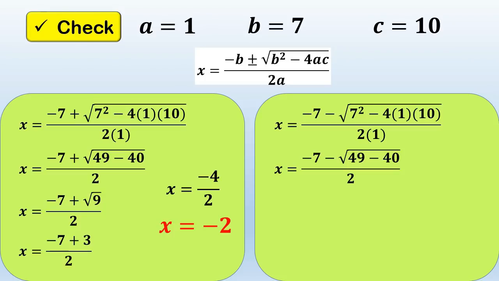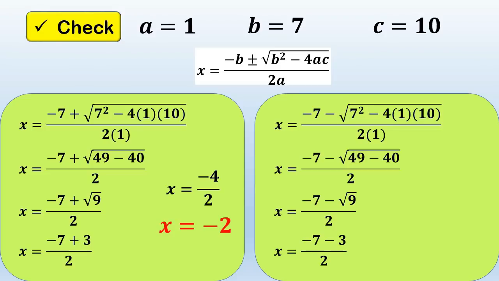So next, copy negative 7 minus, simplify square root of 49 minus 40. The answer is 9 copy over 2. So we have here negative 7 minus square root of 9 over 2. Okay, so let's square 9. So now we have here negative 7 minus 3 over 2. Kung mapapansin nyo, ang numerator natin ay parehong negative.